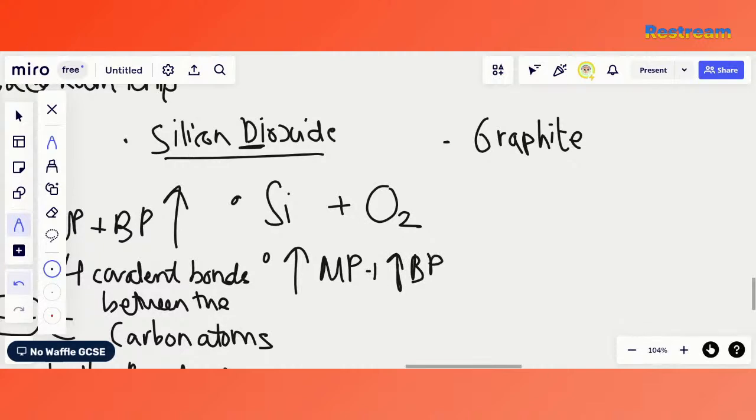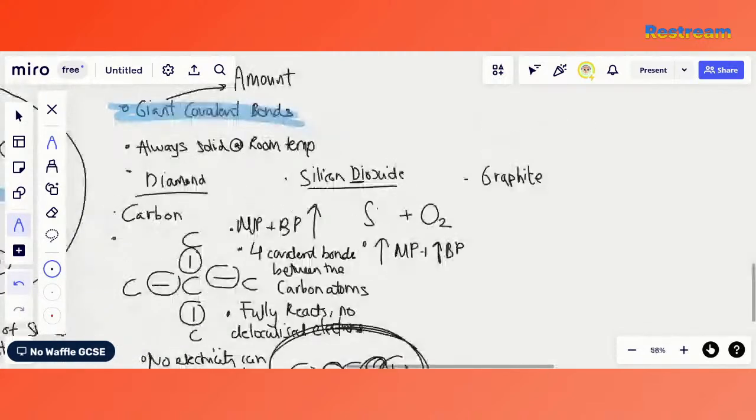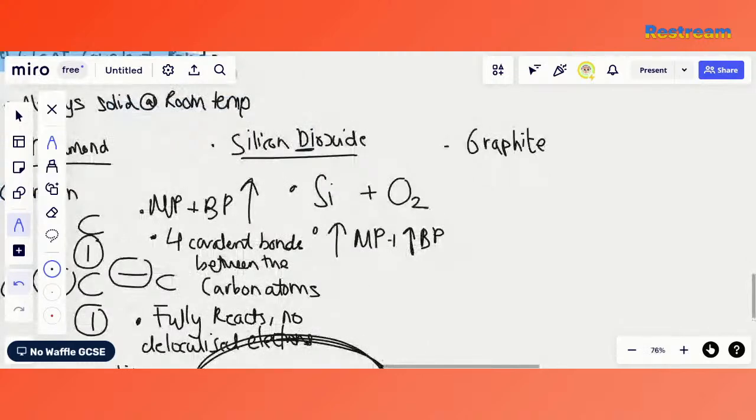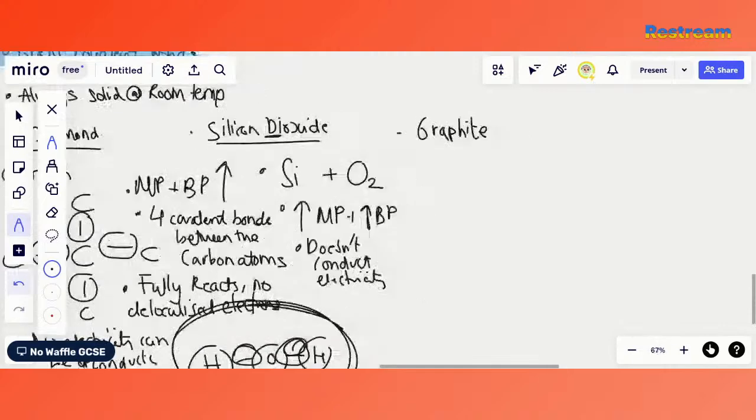You can assume that because it's a high melting point and boiling point, it must mean that everything is reacted perfectly and the covalent bonds are very strong, and it does not conduct electricity. If sand did conduct electricity, we probably wouldn't go on them on beaches. So just use that to help you remember.